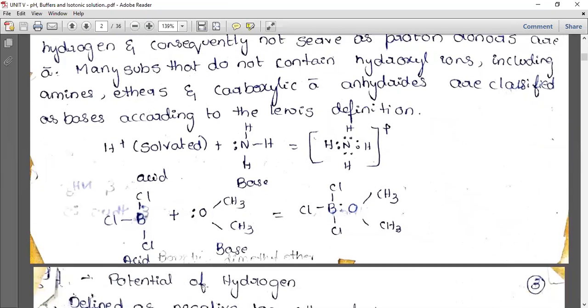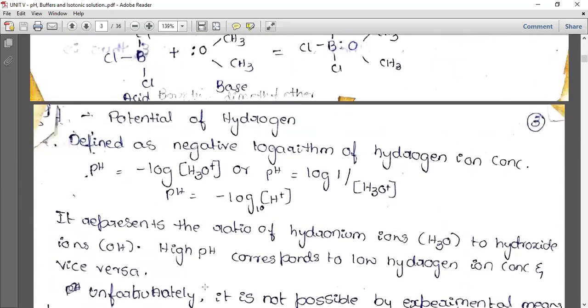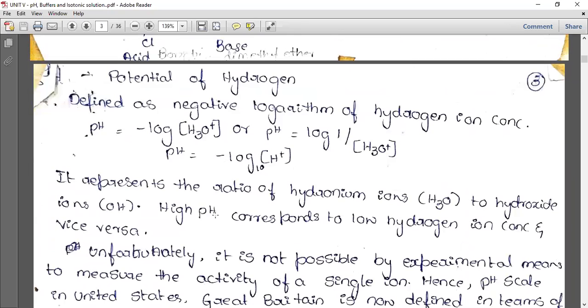So we'll move ahead with what is pH and all the detailing about the pH. So potential of hydrogen. As I think Tanya answered, pH is defined as the negative logarithm of hydrogen ion concentration. So basically acidity or basicity is all about the pH and measurement of the same.